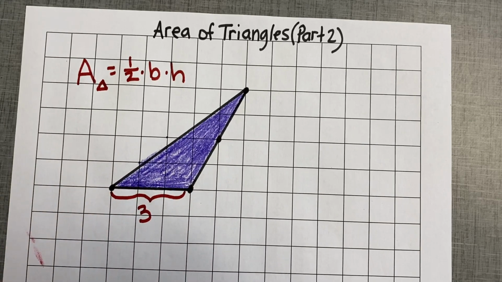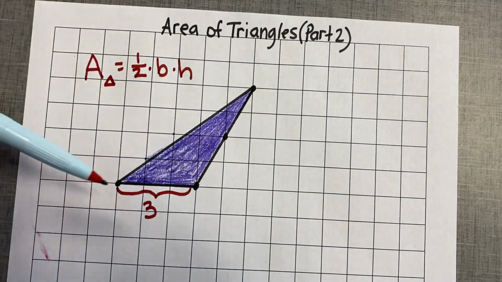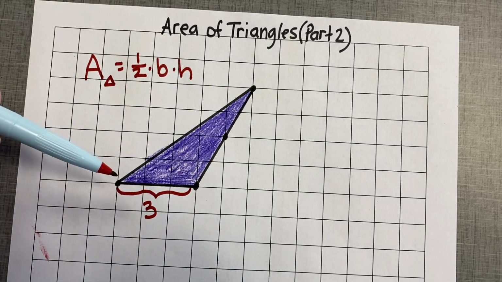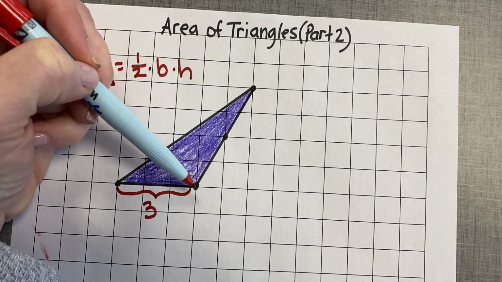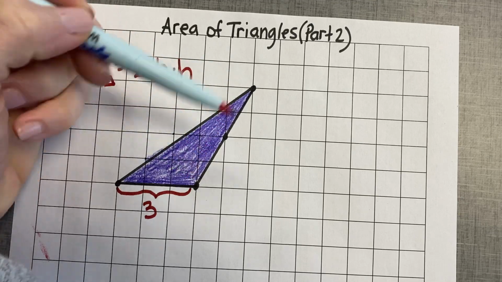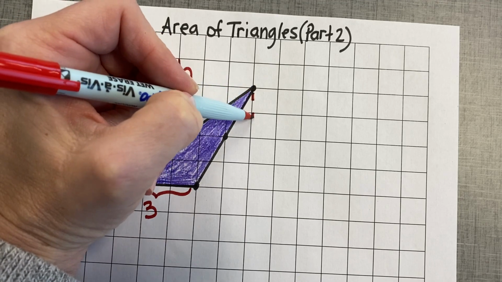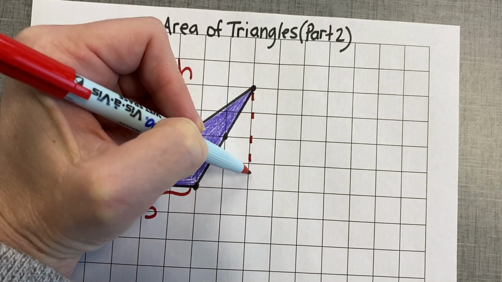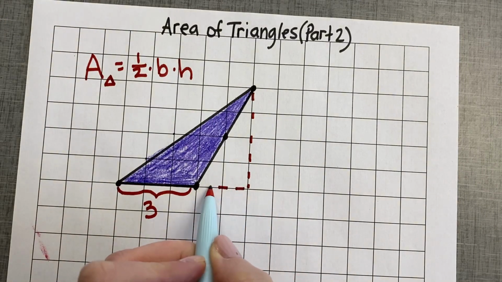My height is a little bit trickier though, because as you can see here, this is not a right triangle. So this side of the triangle right here is on a slant, and that is not going to count for our height. Our height must create a 90-degree angle with this base.